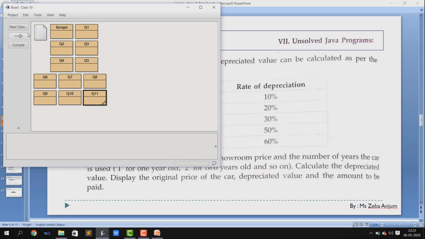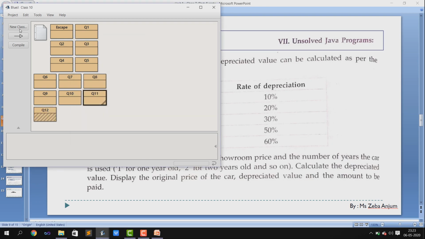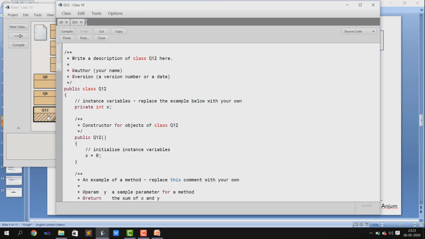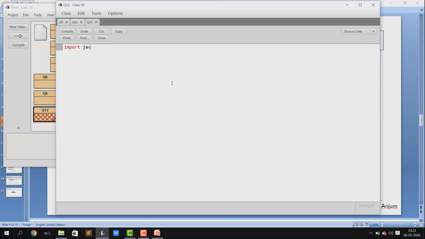Now students, over here let us make a new class, that is your Q12. Now we are going to write down our code. Firstly, import java.util package. Then public class Q12, then the basic part, that is public static void main string argument.